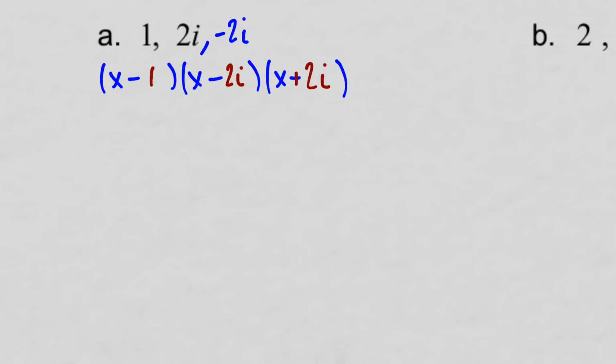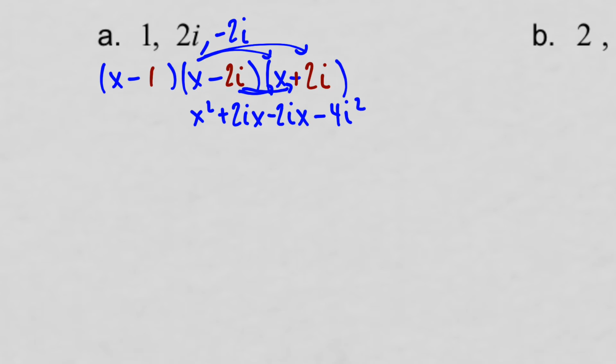Multiply these two first. x times x is x squared. x times 2i is 2ix, or 2xi, same thing. -2i times x is -2ix. And finally, -2i times +2i is -4i squared.